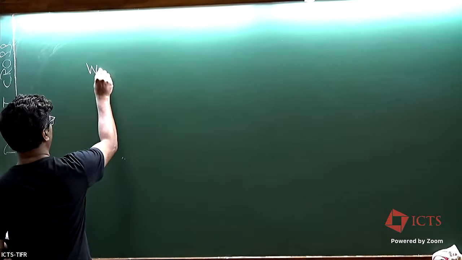This is antisymmetric in alpha beta as well as in gamma delta. Is that clear, everybody? Okay, so therefore this object has all the symmetries of the curvature tensor. Okay, at least index symmetry.